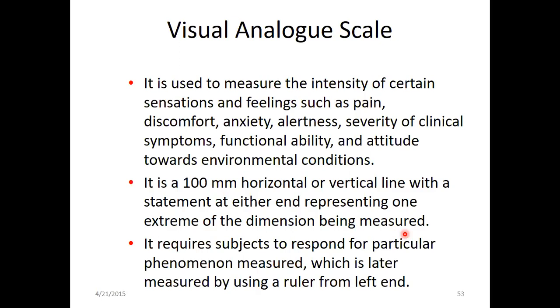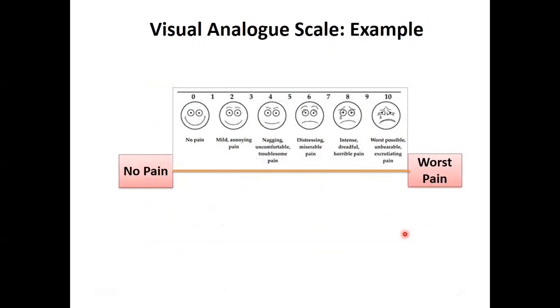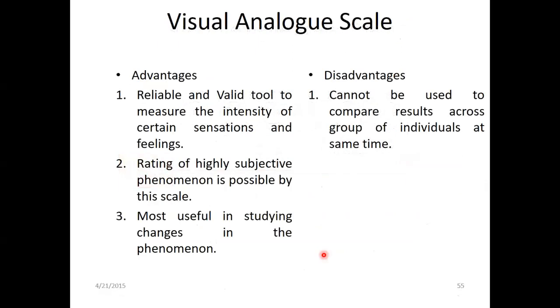So you're measuring intensity of certain sensations and feelings, such as pain, discomfort, anxiety, alertness, functionality, attitudes towards environmental conditions, etc. That would be the example there: no pain versus worst pain, and then you have the in-between. Those are the advantages and disadvantages there.